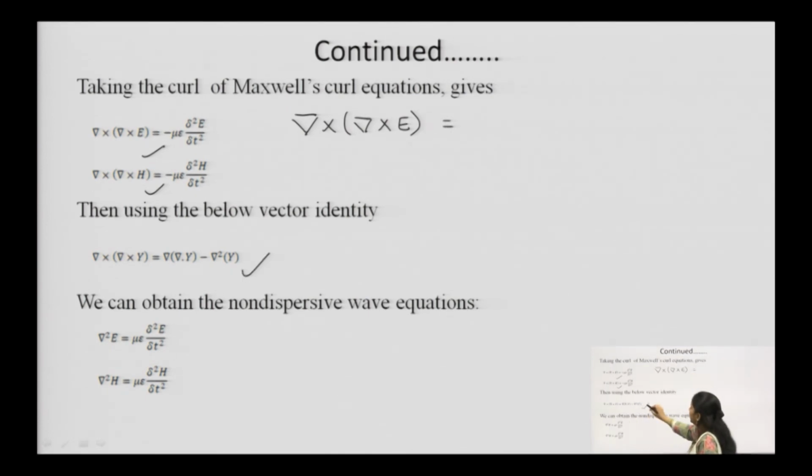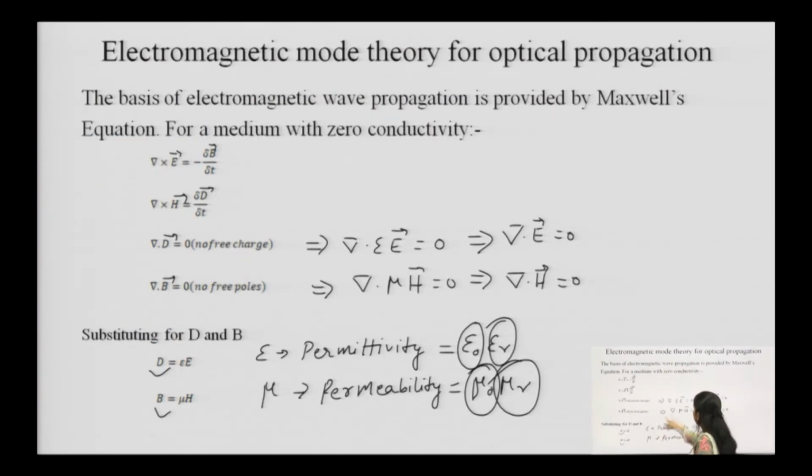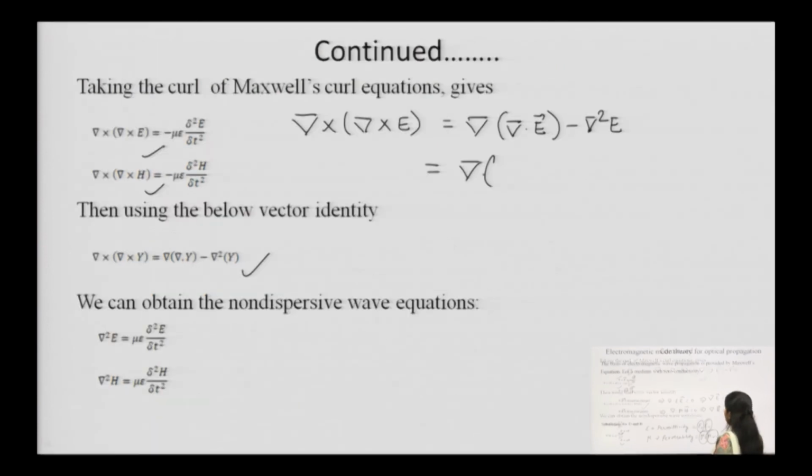Using this vector identity, we can write del dot E minus del square E, and we know that del dot E, as per the last slide, should be equal to 0.